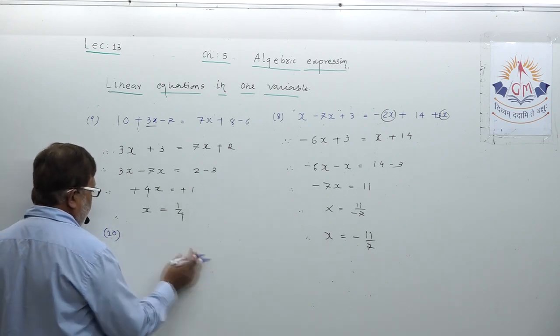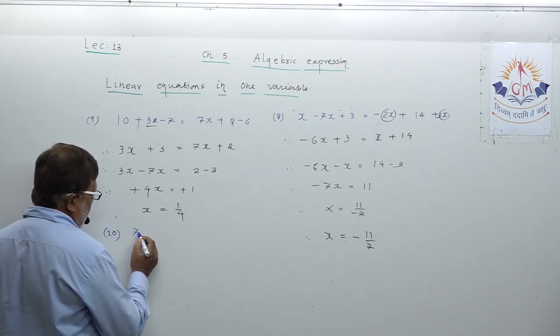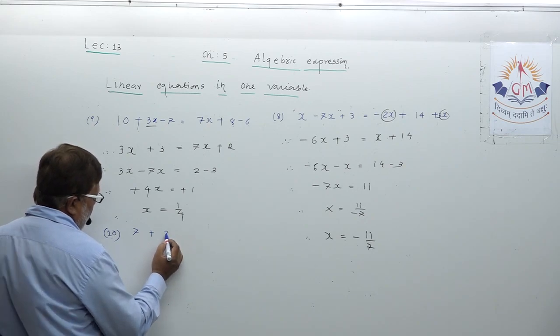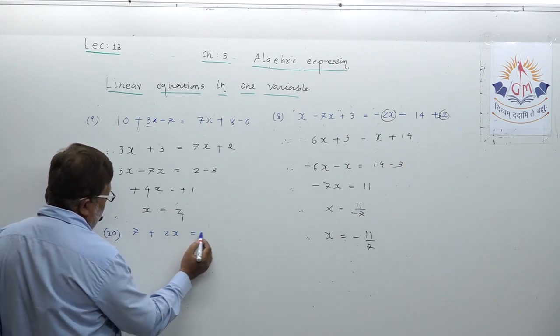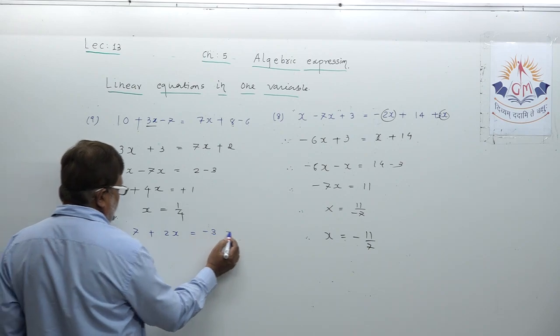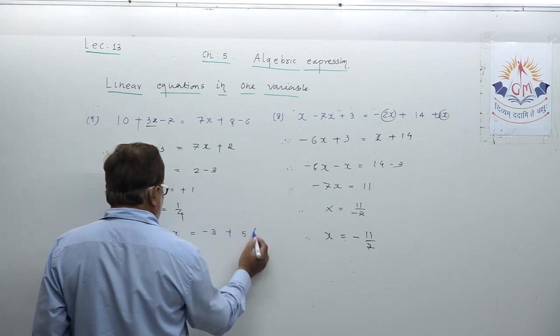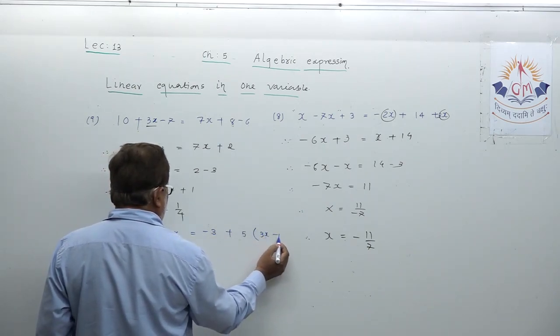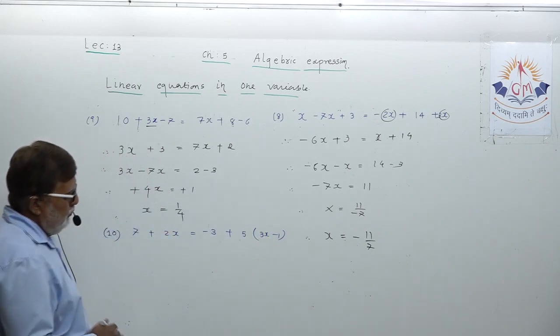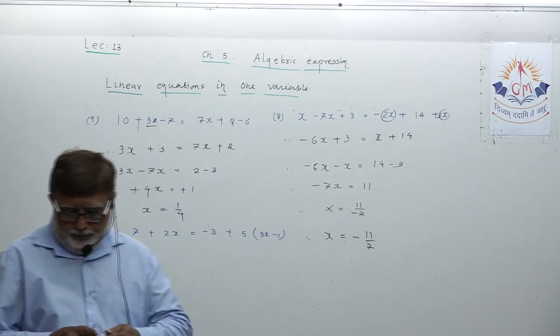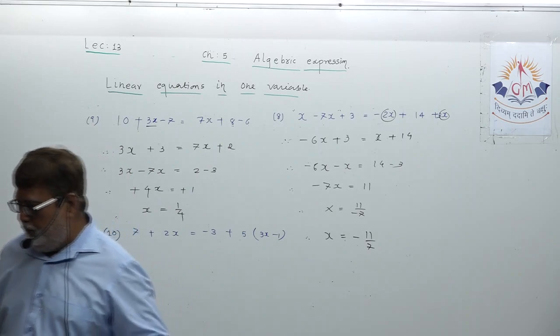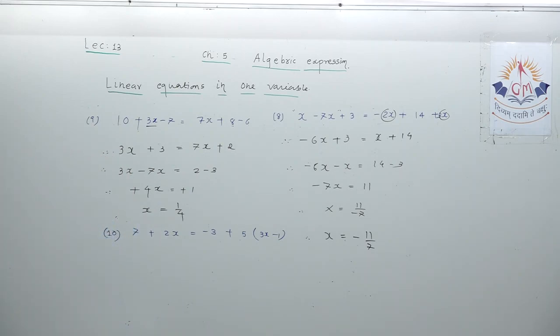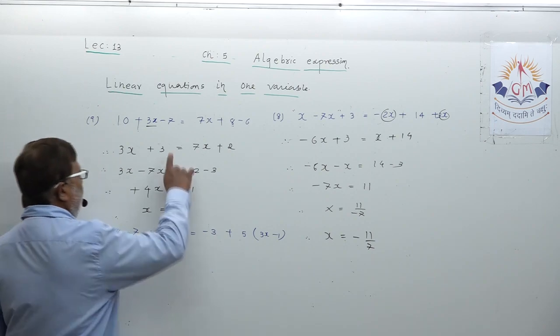What is that? Suppose, dear student, like this: 7 plus 2x equal to minus 3 plus 5 into 3x minus 1. Before I do this example for you, please be smart enough to try and find the difference between the first one and this one. What difference do you find?